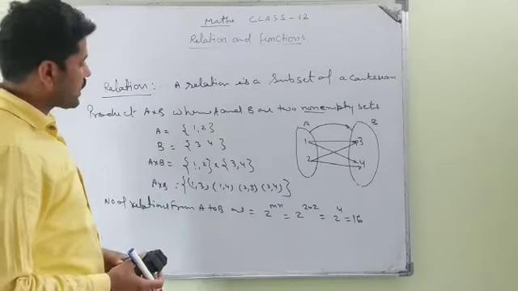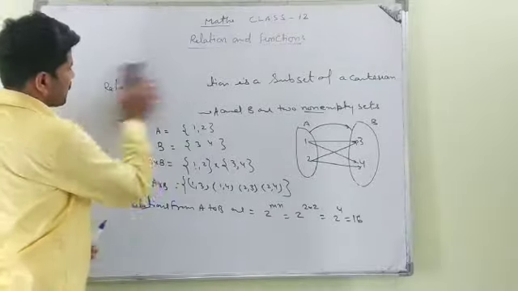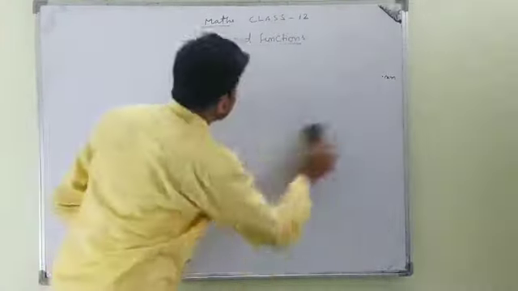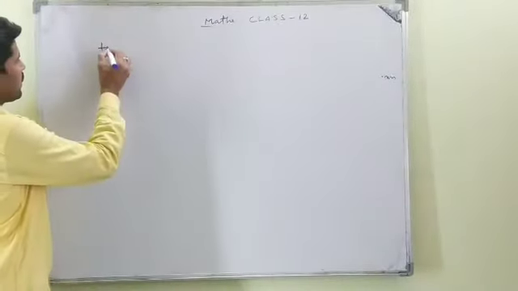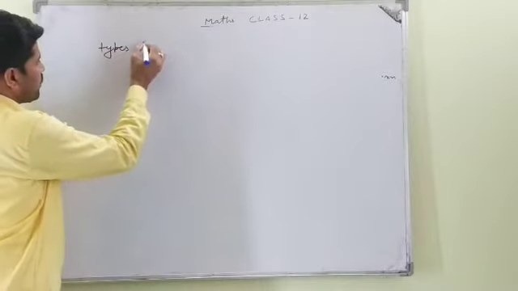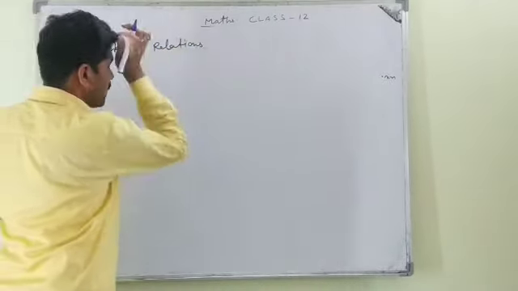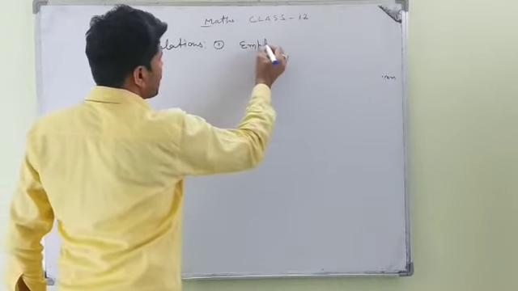Now, what are the different relations? Means types of relations. This is a very important concept. Types of relations. Number one, empty relation.